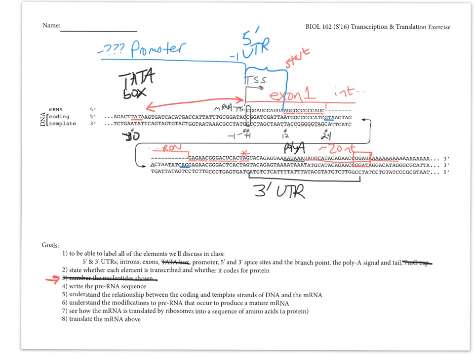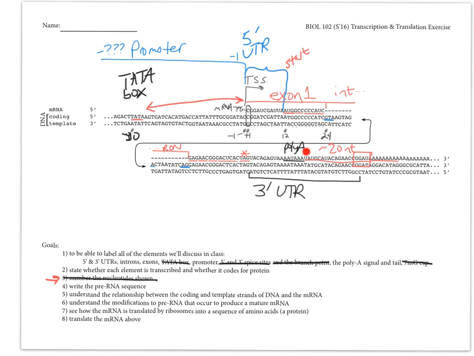And then the splice sites and the branch point, that's just talking about the intron again? Right. So we found the 5' and 3' splice sites. Right, those were there in the intron, and the branch point, some sort of an A. We found the poly A signal sequence.